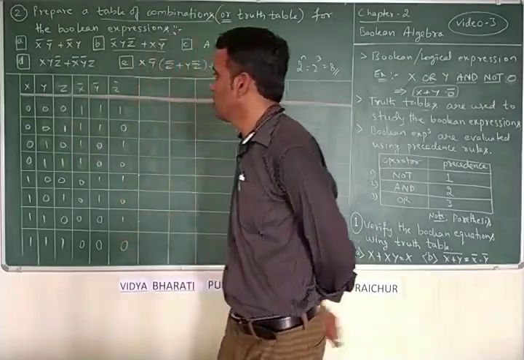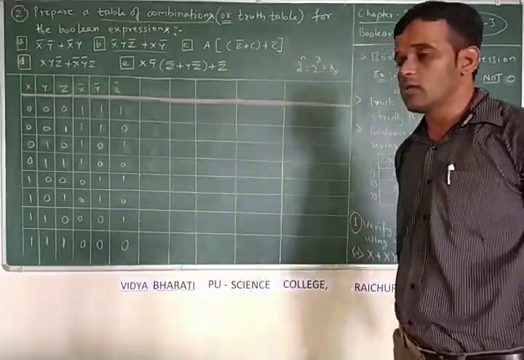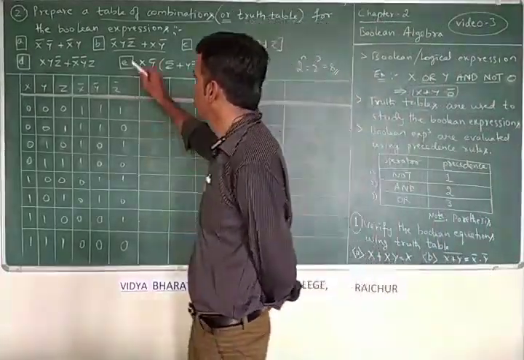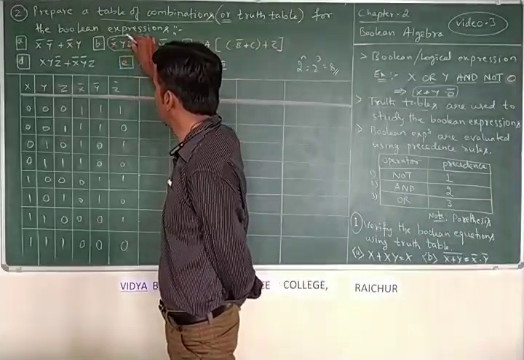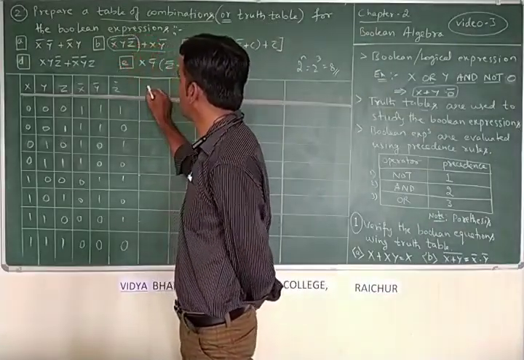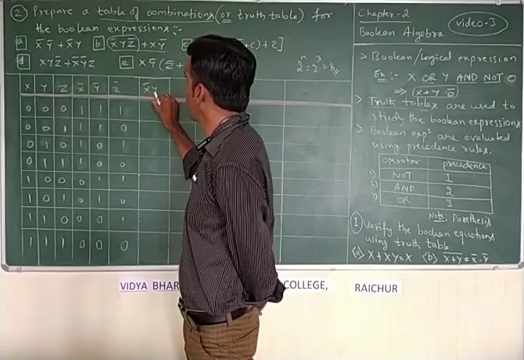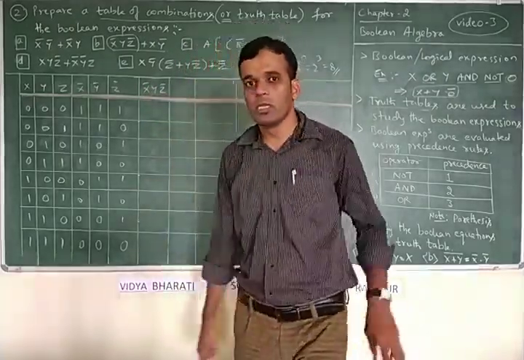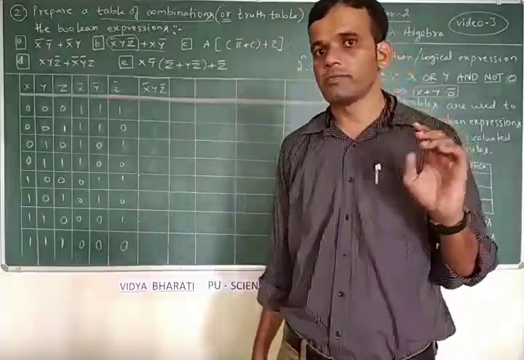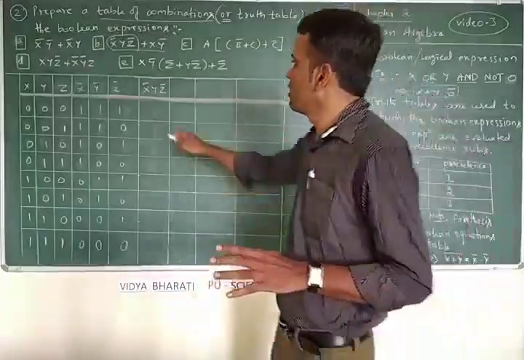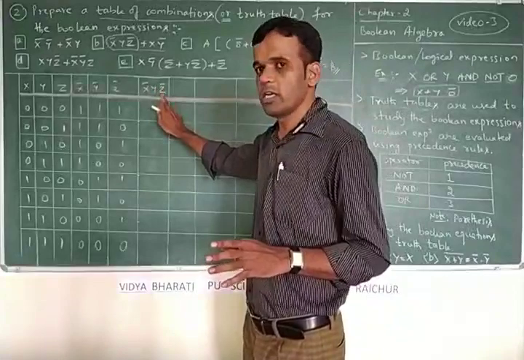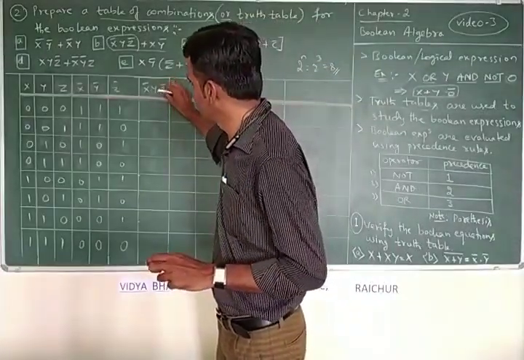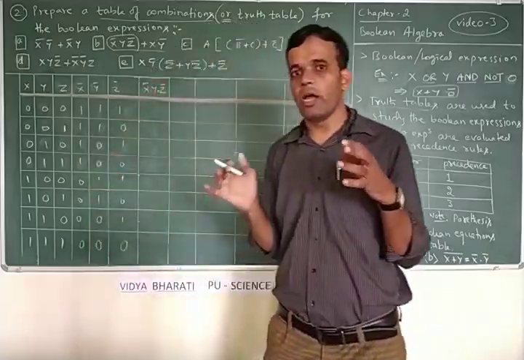Okay, now we'll go for this part of the expression: x bar, y, z bar. So three columns you have to consider: x bar column, y column, z bar column. In between is nothing but dot, so we are having AND operators.